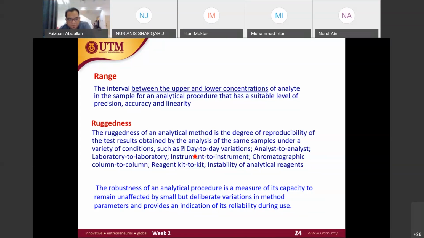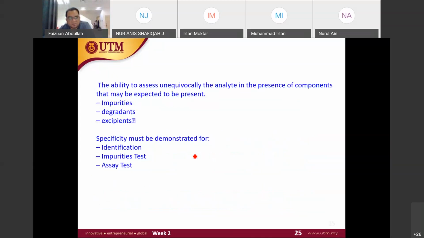The robustness of an analytical procedure is a measure of its capacity to remain unaffected by small but deliberate variation in method parameters and provides an indication of its reliability. Next is the ability to assess unequivocally the analyte in the presence of components that may be expected to be present, such as impurities, degradants, or excipients.